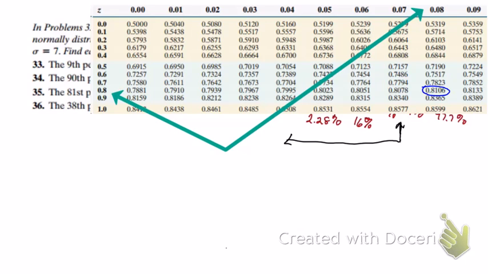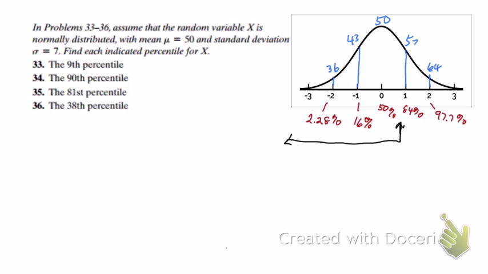Is there anything closer than that? So if you look down at 0.88, I'm seeing 0.8106, and I think that's as close as we're going to get. So z-score of 0.88 equals whatever value we've got for x minus 50 over 7.